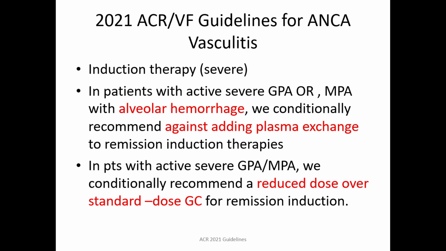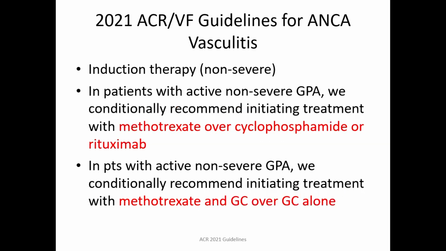So again, there is time and again mention of plasma exchange, I'm afraid. In patients with active severe GPA or microscopic polyangiitis, the ACR conditionally recommends a reduced dose or standard dose of glucocorticoid.